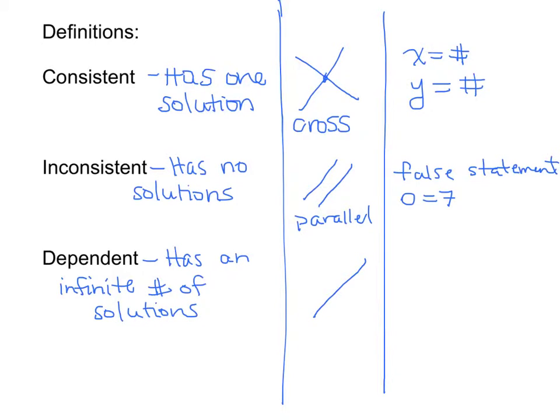That means that both of the equations in your system were actually the same line. And if you try to solve that system, you will end up with a true statement. All your variables will drop out, just like they did in the inconsistent case, but then you'll be left with something true, such as 2 equals 2, 5 equals 5, 0 equals 0. All of those things are potential solutions when you have a dependent system.